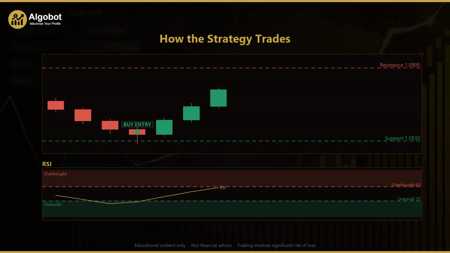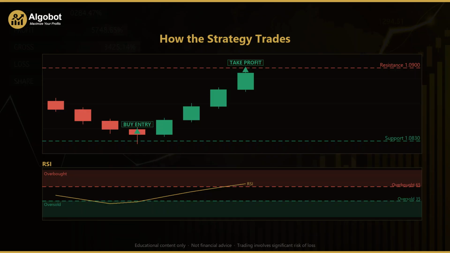With the long now open, see where protection sits. The stop loss is placed below support by 1 ATR, comfortably beneath the swing low, because if price traded down there, the level would have failed and the idea would be wrong. The take profit is set at 1.8 times that stop distance. Now follow the candles. Price lifts off support, and the next few bars build a steady climb.